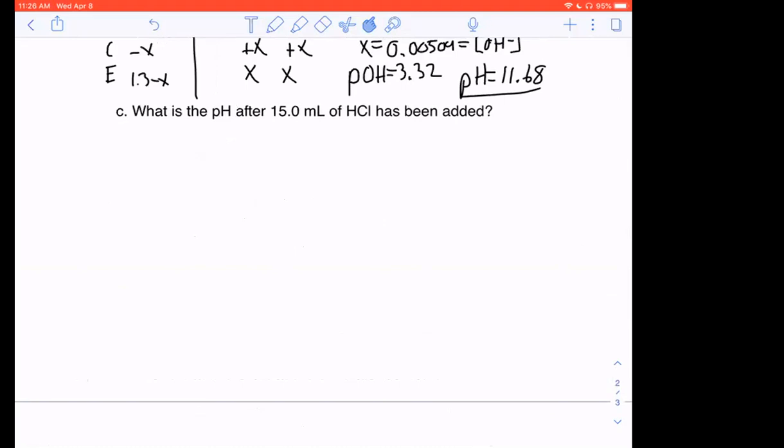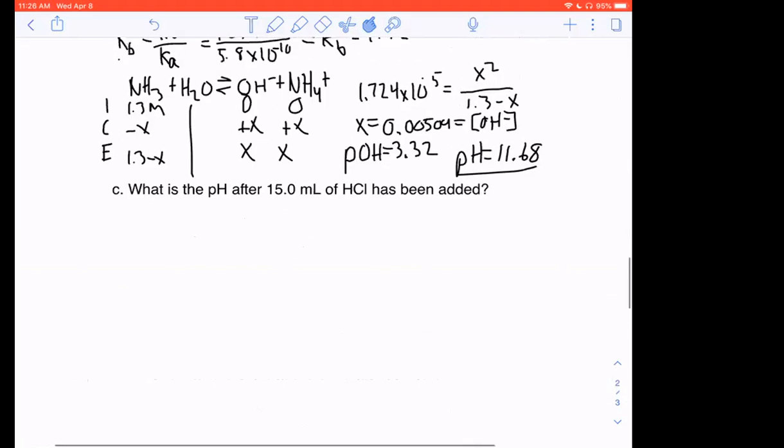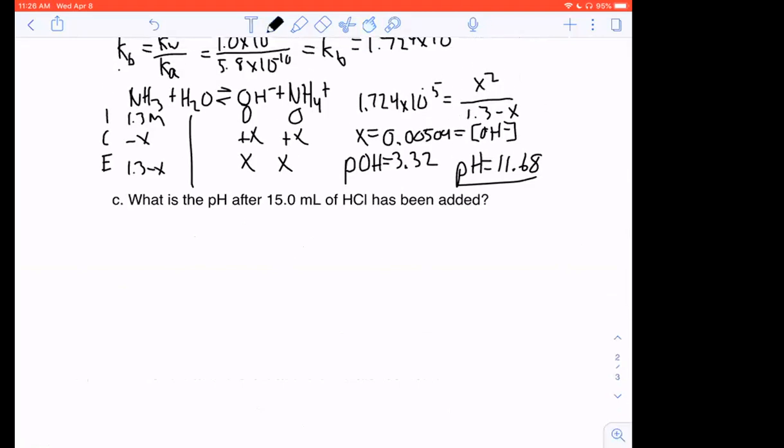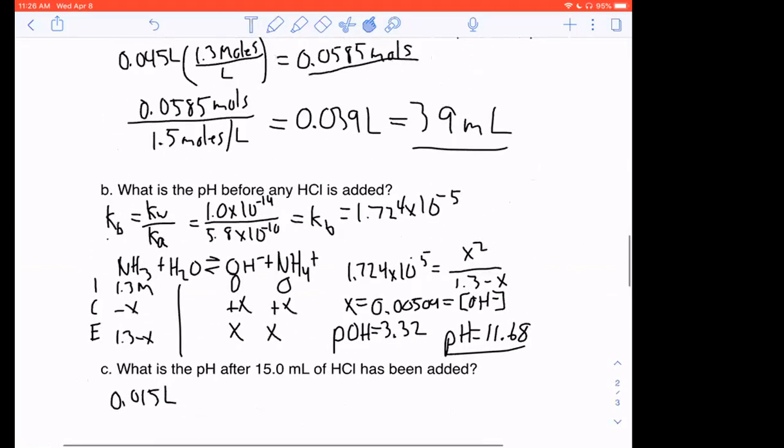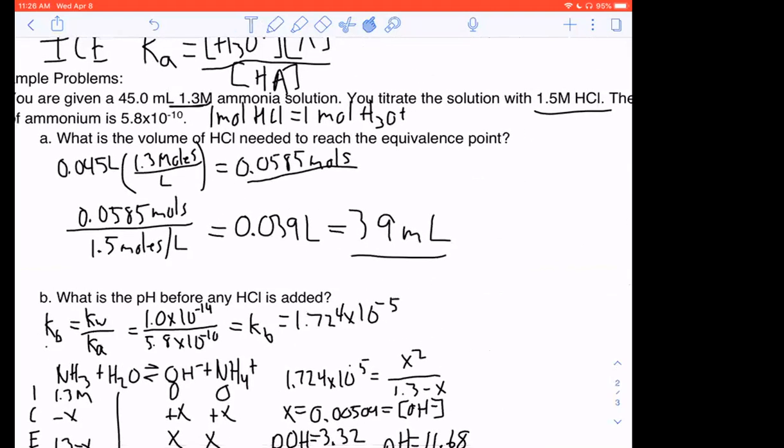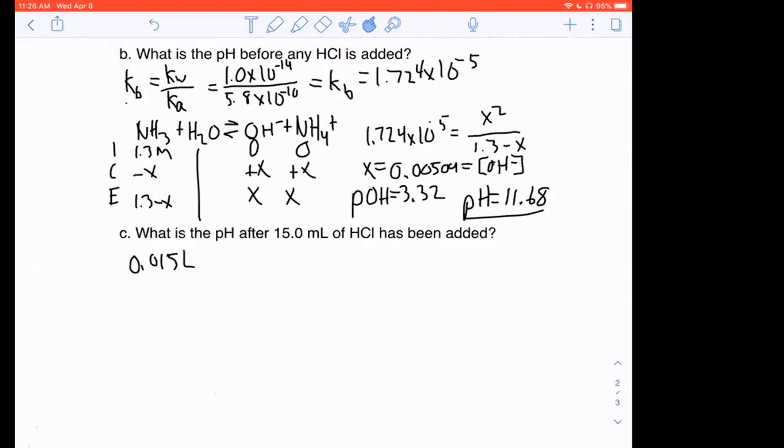The first thing I'm going to do is determine how many moles of HCl we're adding. We're adding 15 milliliters, which is 0.015 liters. I'm going to multiply that by the concentration of HCl in our titrant, which it says up here is 1.5 molar HCl.